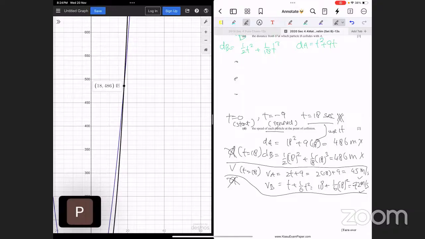Right? Kirana, help us. The last 2 marks, is it easy or is it difficult or so-so? What do you think? I think it's so-so.